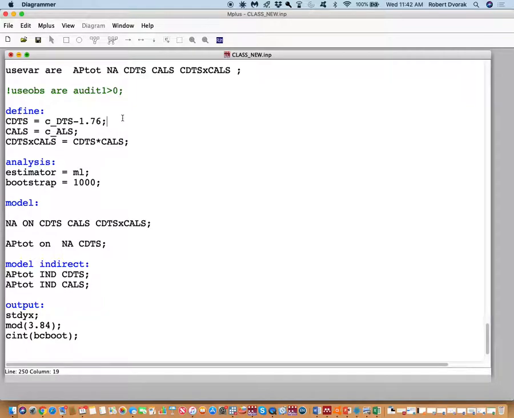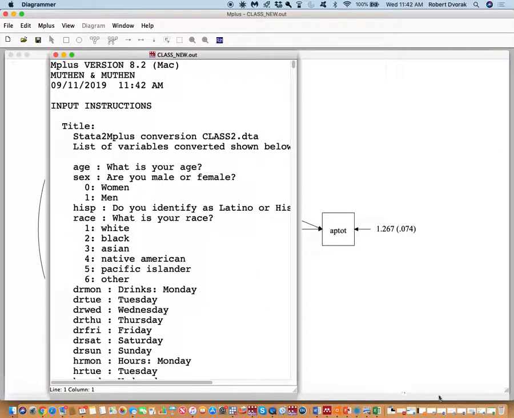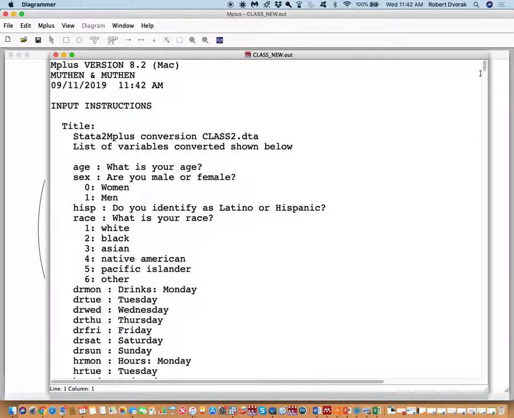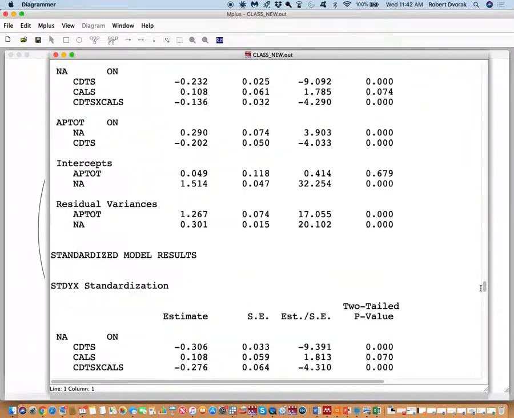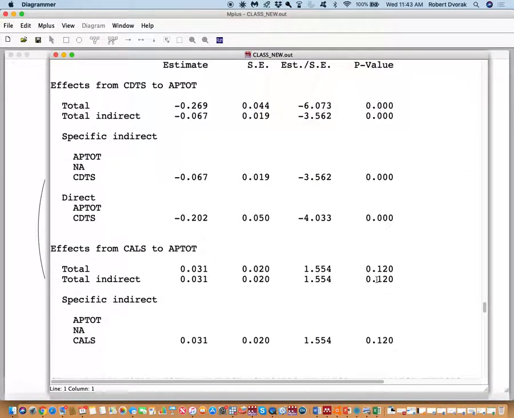Let's say just out of curiosity, is that right? 1.76. That is 2 standard deviations, right? So let's assume that we could increase somebody's distress tolerance by 2 standard deviations. What would happen then? Well, let's have a look. It is no longer statistically significant, right?